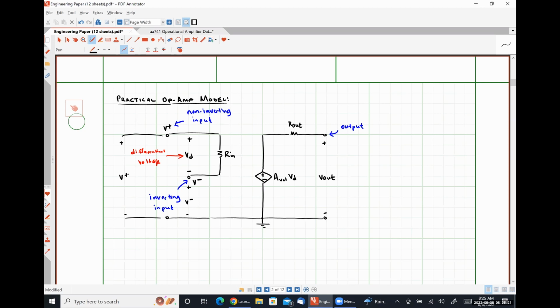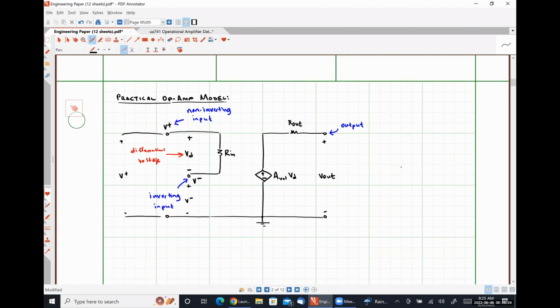And this voltage is my non-inverting input voltage. This is the model that we are going to use to represent the schematic representation of an op amp that we're familiar with, which is this triangular guy right here, where the voltage associated with the plus sign is the non-inverting input voltage.